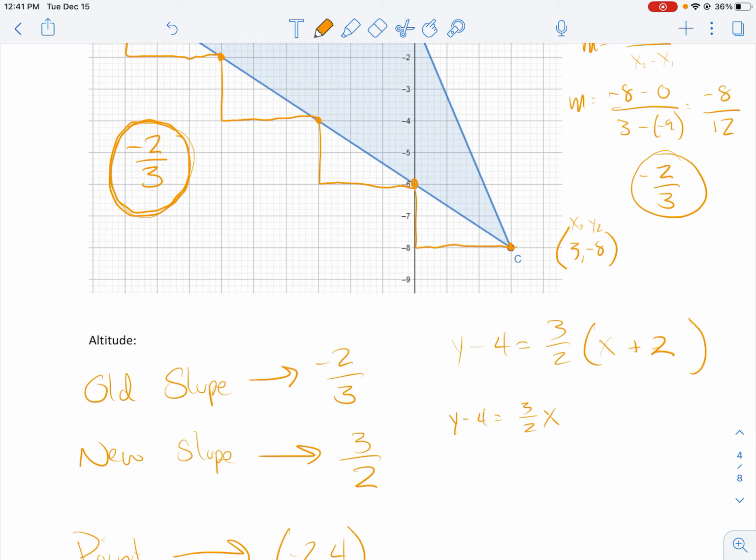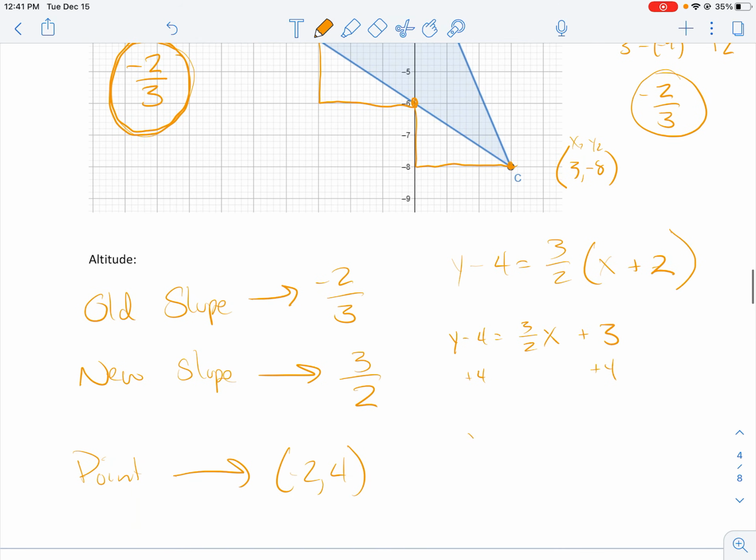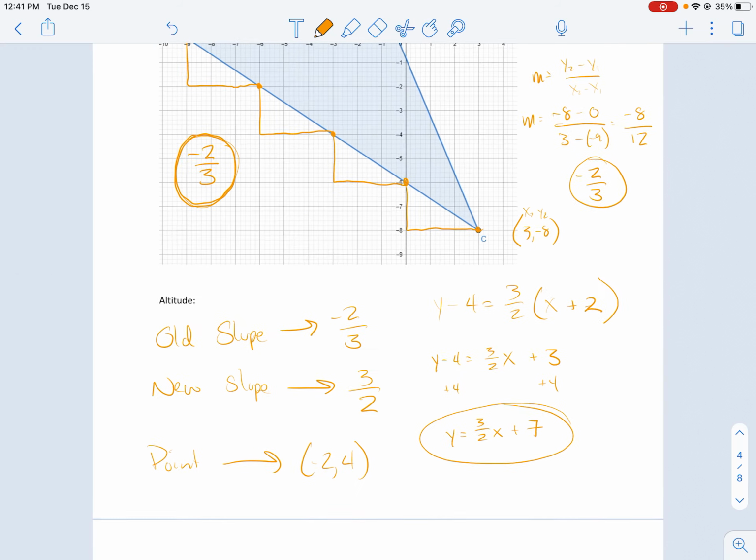When you distribute that, 3 times 2 is 6, 6 divided by 2 is 3. And finally, bring over that 4. So y is equal to 3/2 x plus 7. That's the equation of the line that's going to be perpendicular to AC, going through point B.